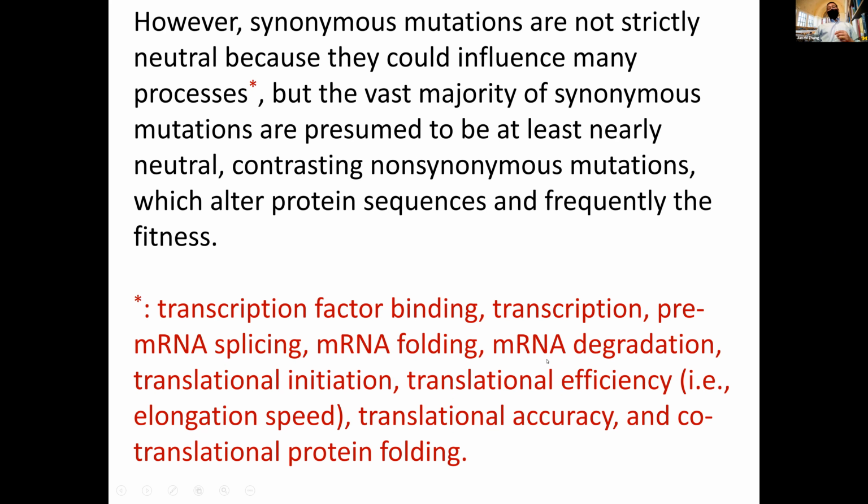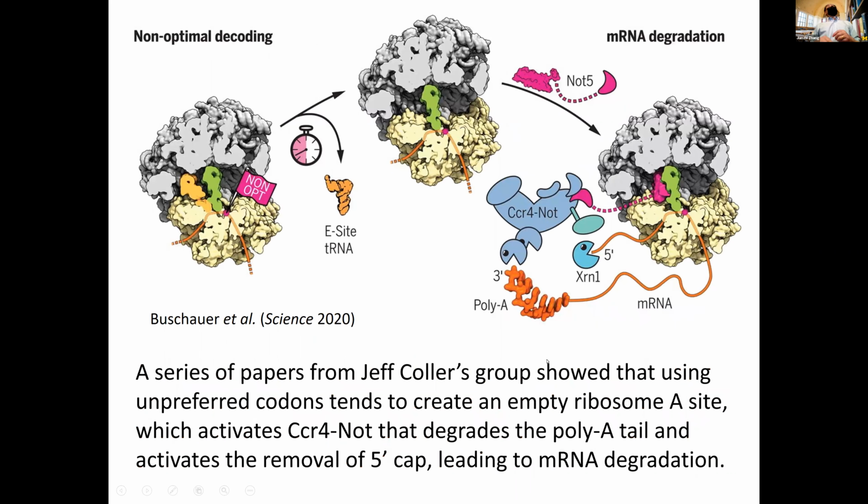This is a new area of research that has been recently studied by Jeff Coller's lab. Specifically, he found that if a gene uses unpreferred codons, those codons that tend to have low corresponding tRNA concentration, then during translation, this is the ribosome.